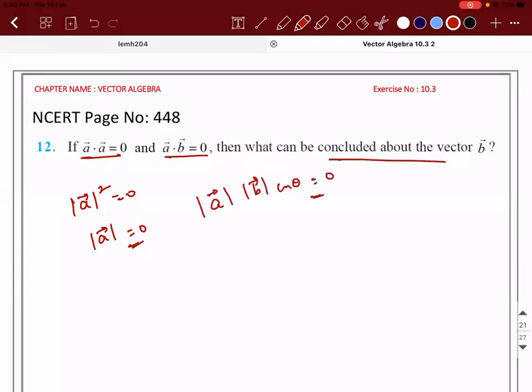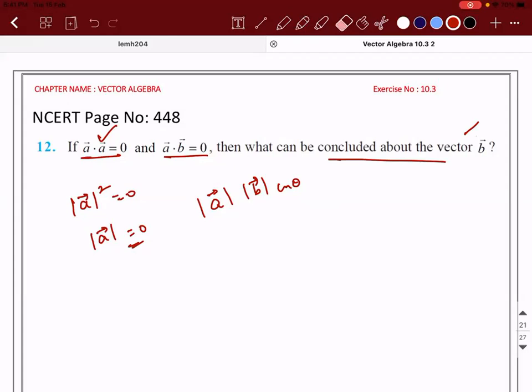No, it cannot be. Because this is already given, magnitude of a vector is already 0. Then what can be concluded about b vector? B vector can be any non-zero vector. Because when I do a dot b, I get magnitude of a into magnitude of b into cos theta.